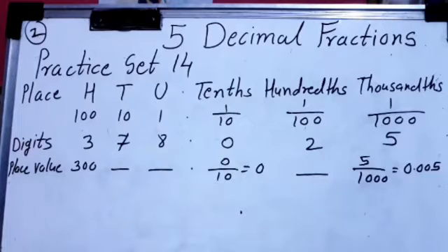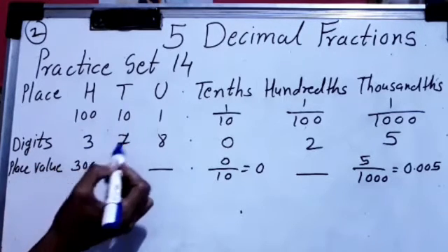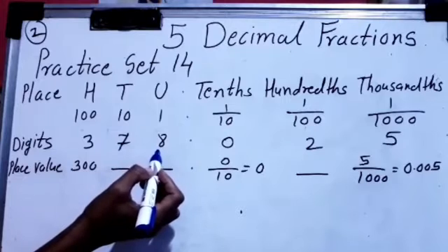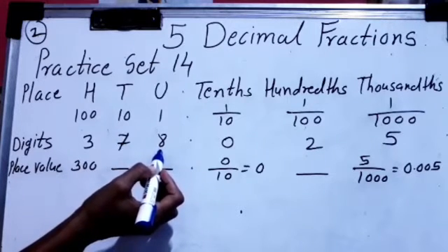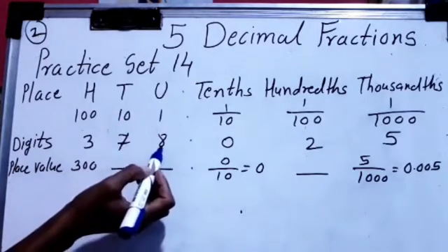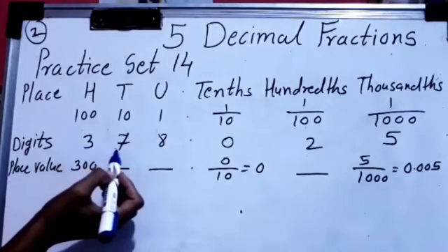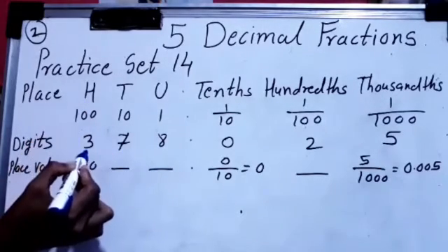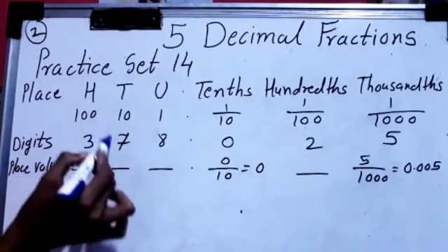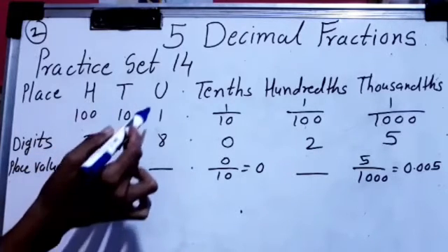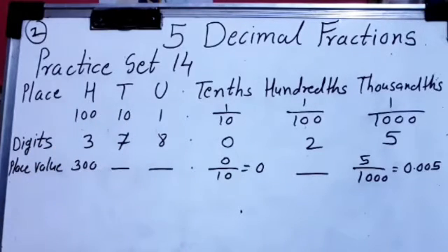Now when any number is given to you, for example here they have given 378.025, I arrange that number. In 378, the place value of 8 we start from the unit, isn't it? What will be the place value of 3? It will come under 100. Then 7 will come under tens and 8 will come under unit.